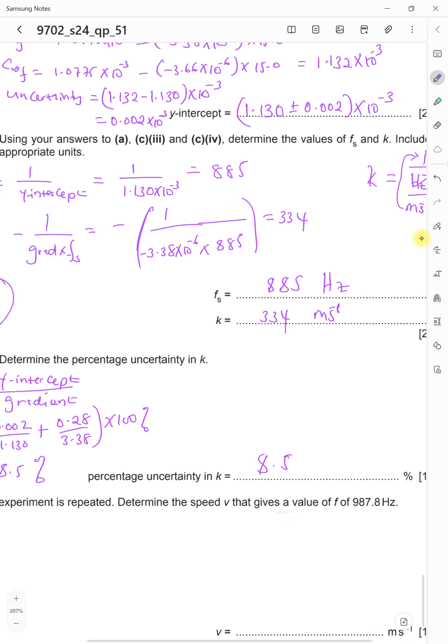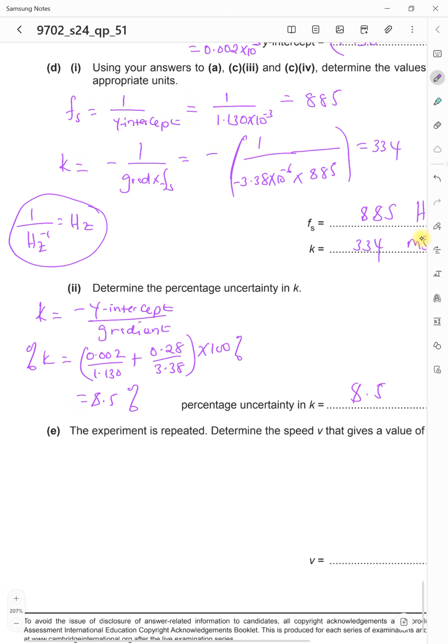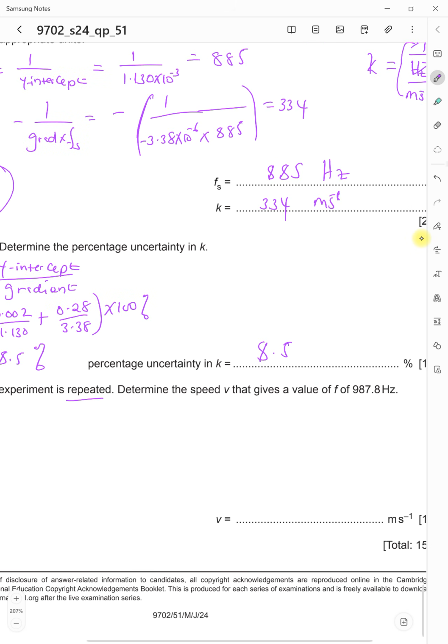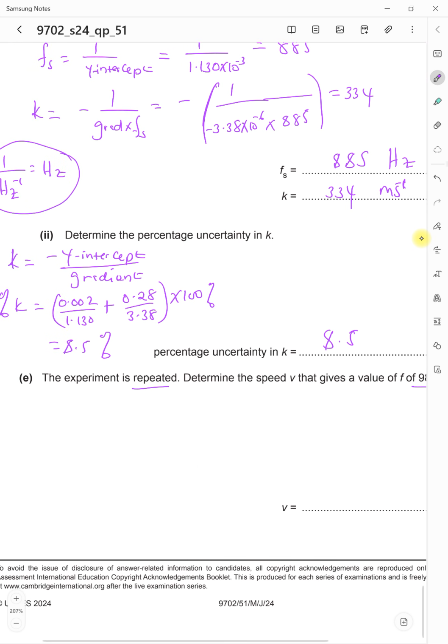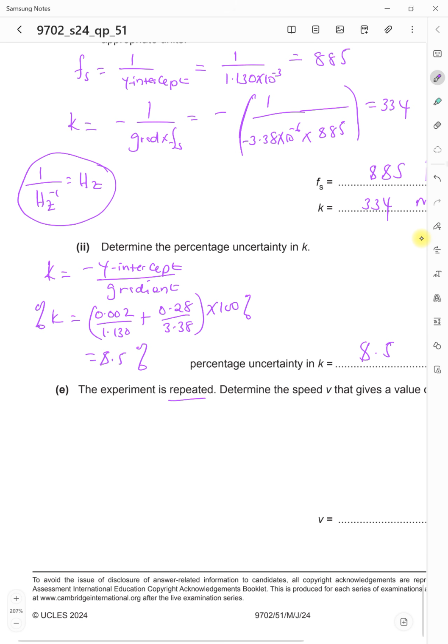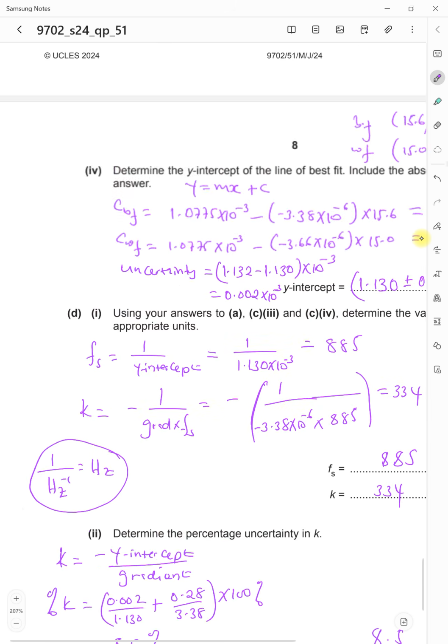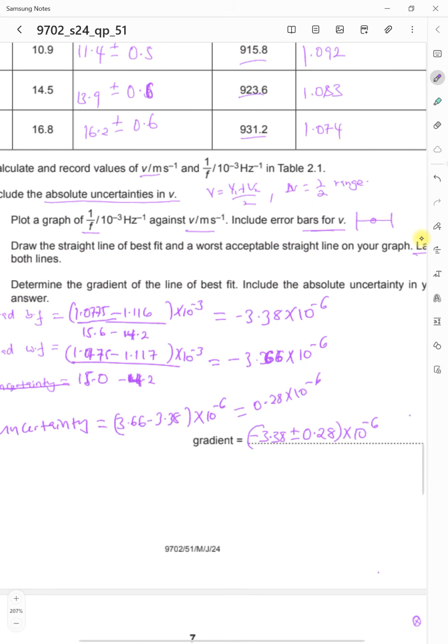Like I say, these answers are not absolute. Your answers could be slightly different. I'm interested in the method. Then the experiment is repeated. Determine the speed v that gives a value of 987.8 hertz. So of course, we saw from the first equation, when I make v the subject, let me first go back to the equation.